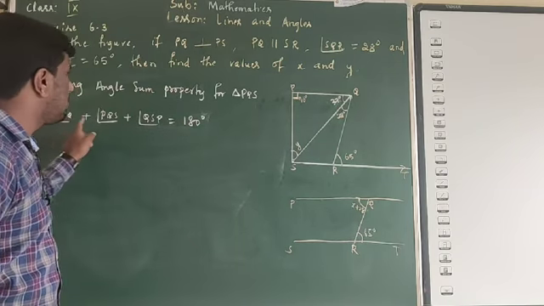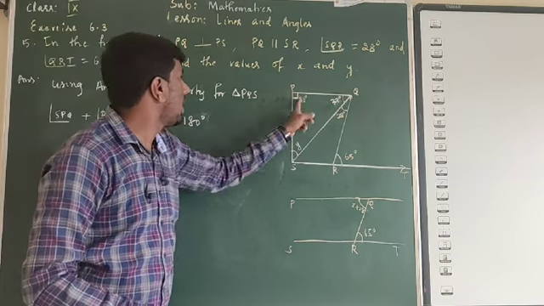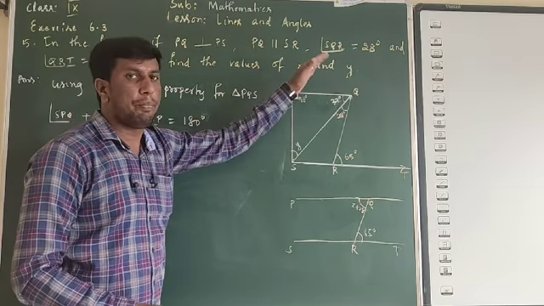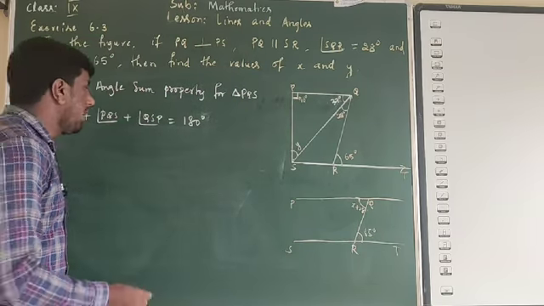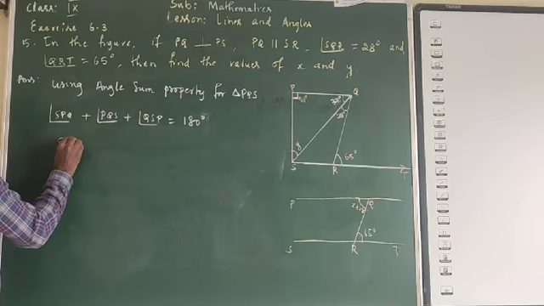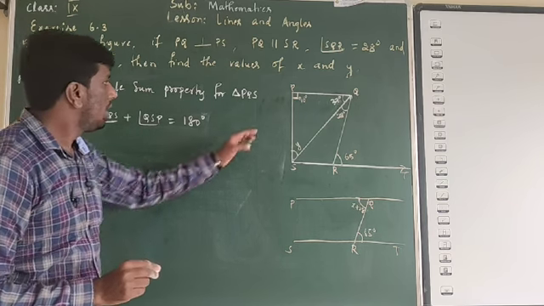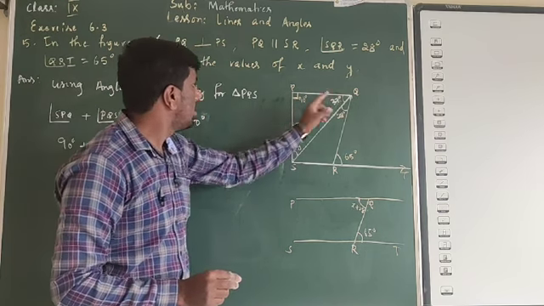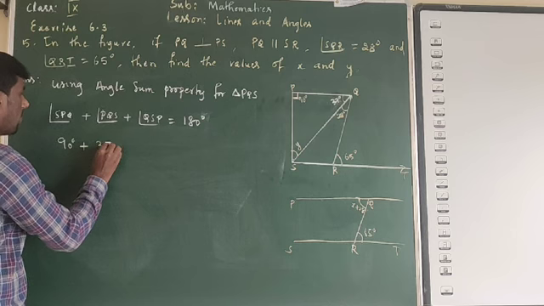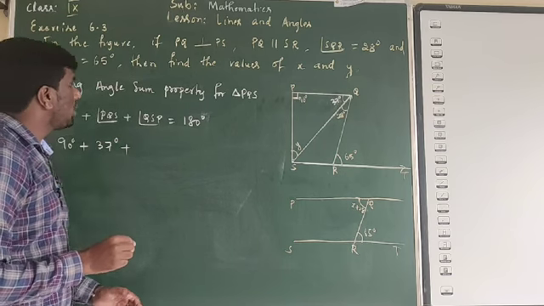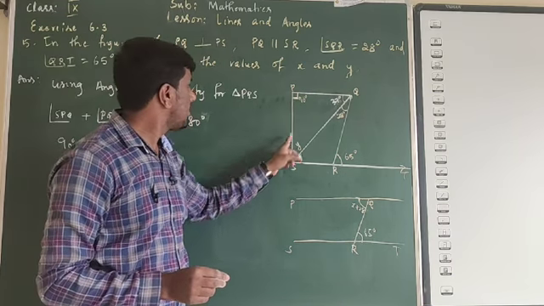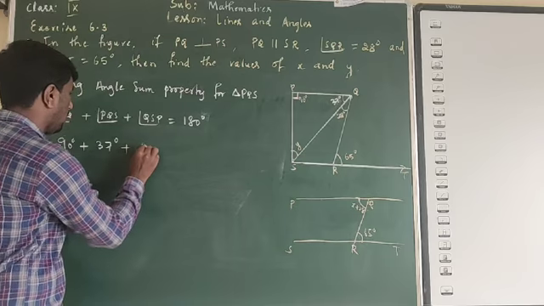SPQ is 90 degrees because these two are perpendicular, right? So this is 90 degrees plus PQS, 37 degrees, right? We have found it out earlier. Plus QSP, which is y. Okay.